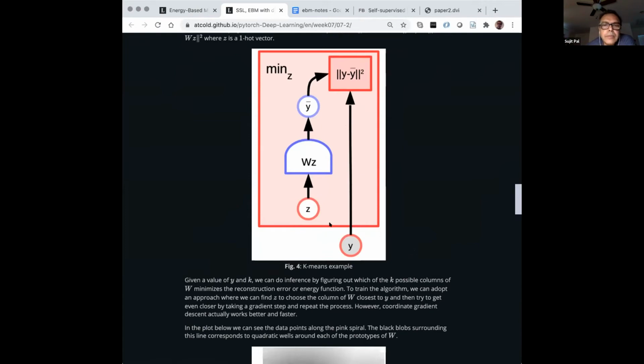Then you take one of the points here and you try to find the closest column in w to the point selected, and that is your candidate centroid, right? But you know the labels while you're training, so you're trying to minimize the distance between your candidate centroid and the actual centroid.